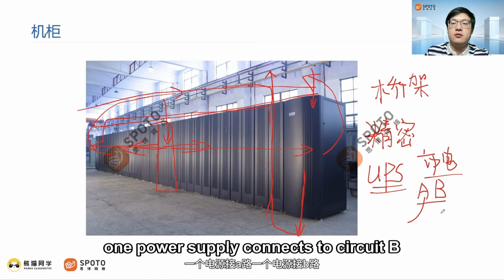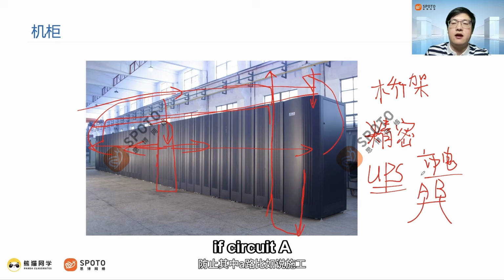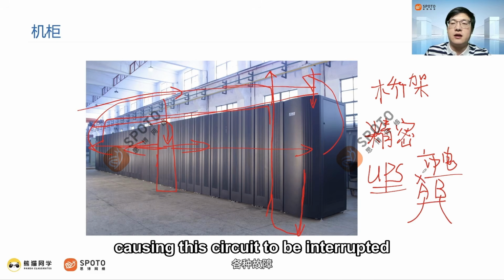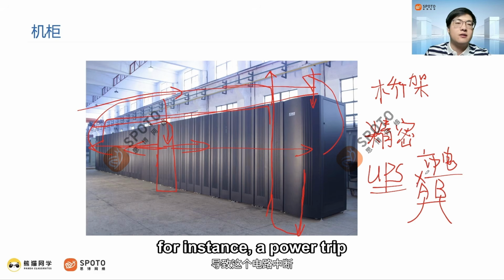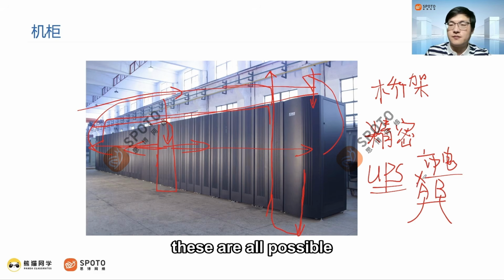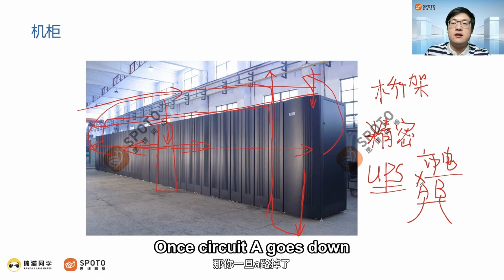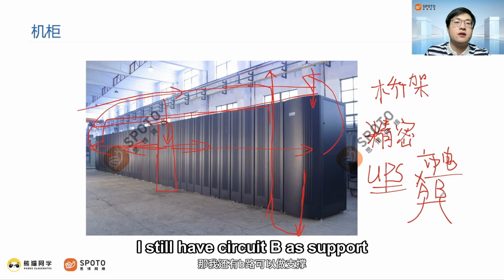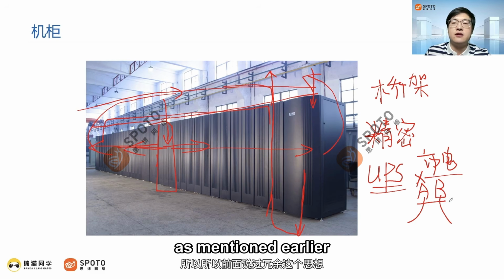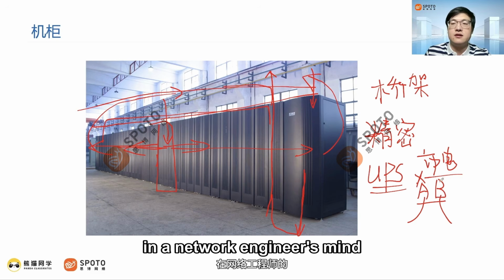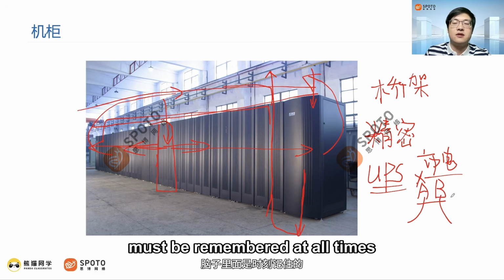One power supply is there in case a circuit fails, for example due to a short circuit, or a breaker trips. These are all possible, so that's why we use two circuits. If circuit A goes down, I still have circuit B as support, providing redundancy. As mentioned, this concept of redundancy in a network engineer's mind must be remembered at all times.